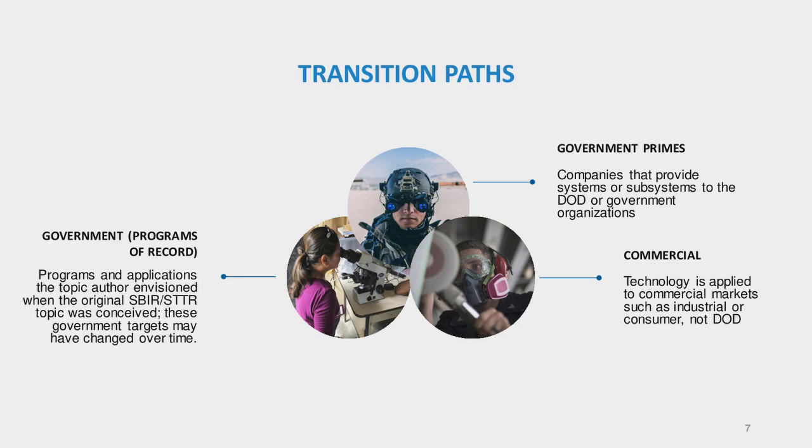In 2015, the Government Accounting Office published a study on DARPA, the Defense Advanced Research Project Agency, where they focused on how effective they were at doing technology transition.